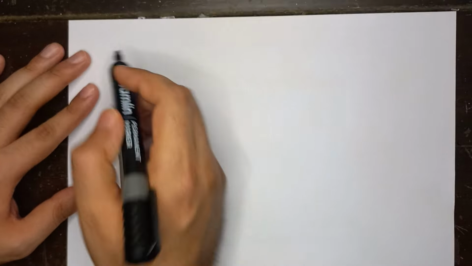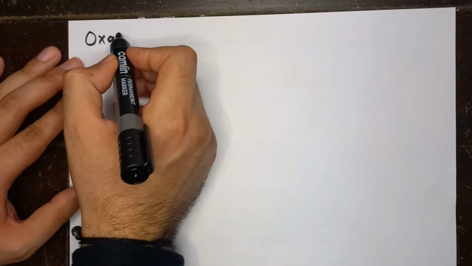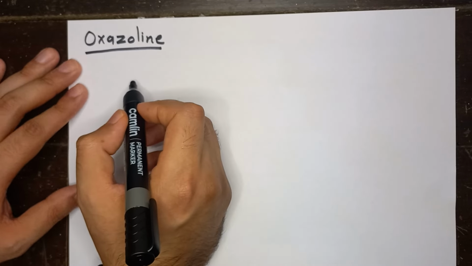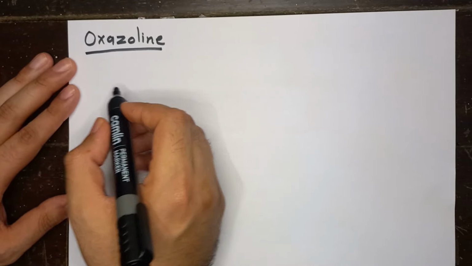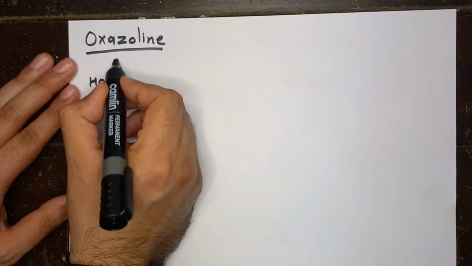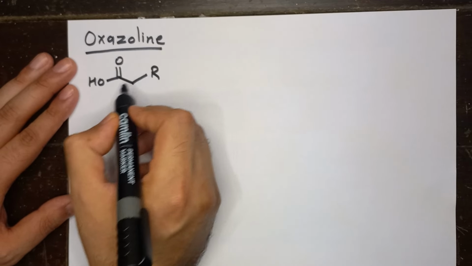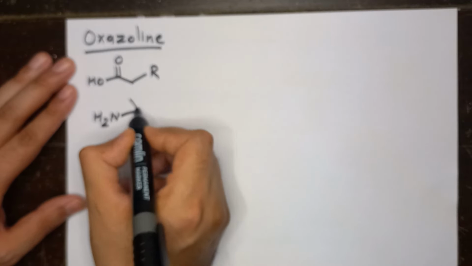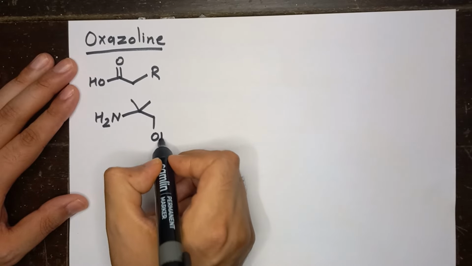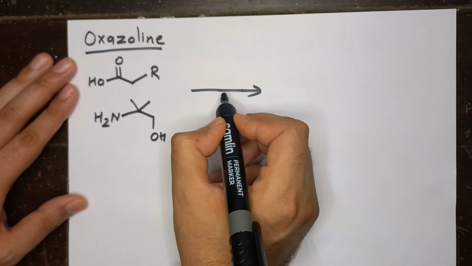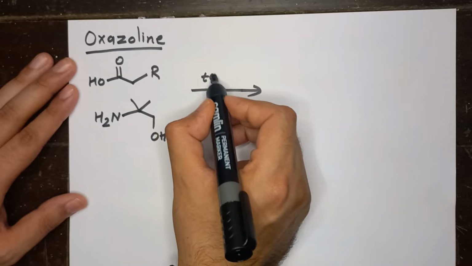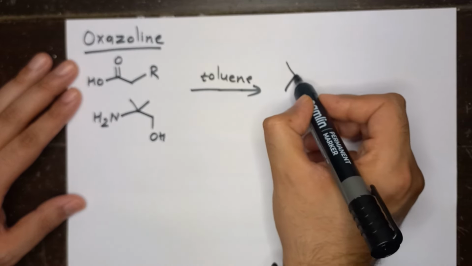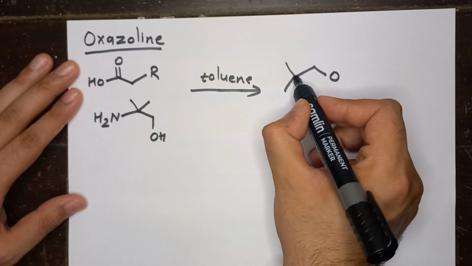Okay, let's talk about oxazoline. If I react my carboxylic acid molecule with an amine, in presence of toluene as a solvent, so toluene is just acting as a solvent, and you are getting an oxazoline moiety.